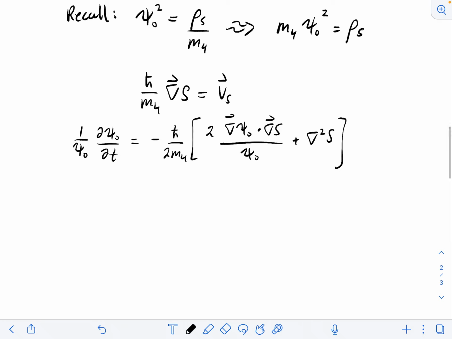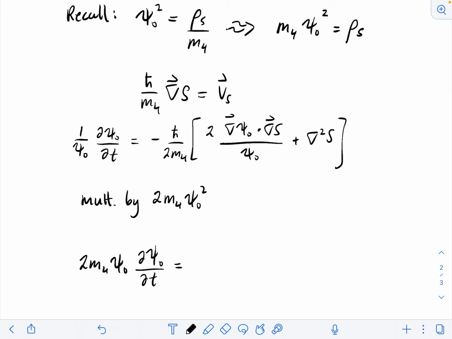Now we're going to multiply both sides by 2m phi 0 squared. When we do that, on the left-hand side we end up with 2m, one factor of phi 0 cancels, and then we have d phi 0 dt. On the right-hand side, we have minus h bar over m.